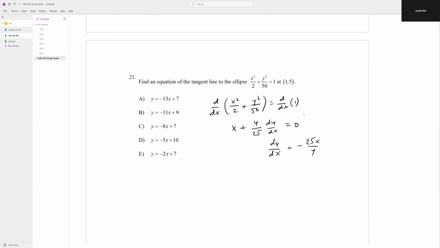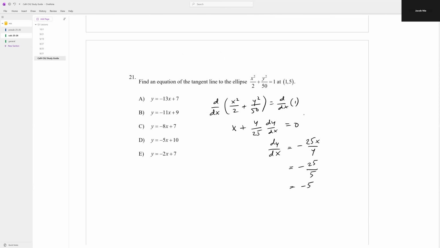And then the final step is to find dy/dx at this particular point. So I'm going to plug in those values of x and y. And so dy/dx equals negative 25 times 1, which is just negative 25, over y, which is 5. So the slope of the line at that point is negative 5.